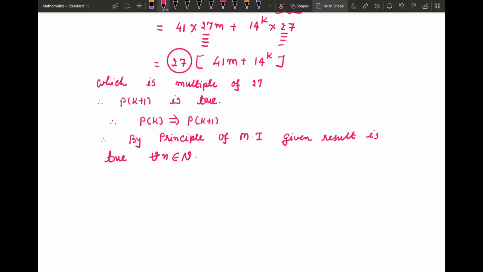So these are the examples based on the principle of mathematical induction. Next time we will discuss more examples.